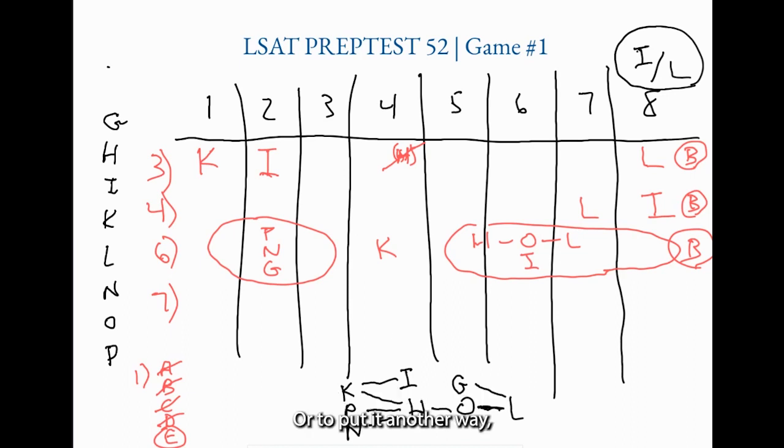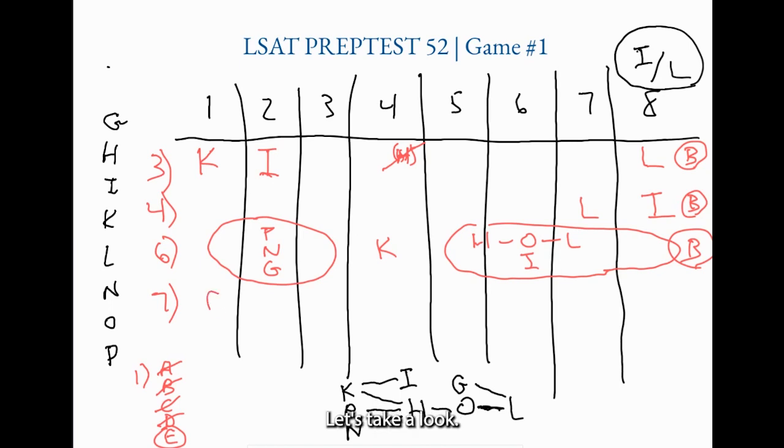Or to put it another way, the 4 wrong answer choices here must be true. Well, that could create an expectation in our minds, and rightly so, that we'll be able to come up with a lot of inferences here because we want to be able to lock in a lot of the players. They will correspond to the wrong answers, the things that in fact must be true.